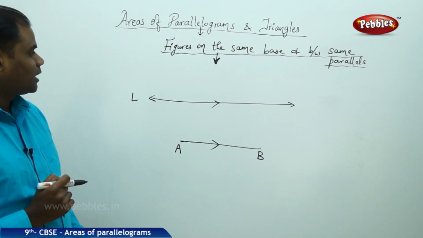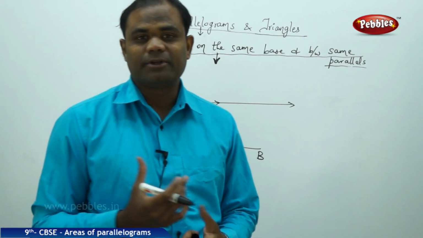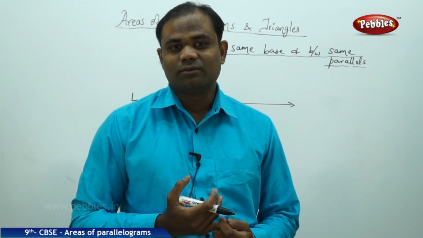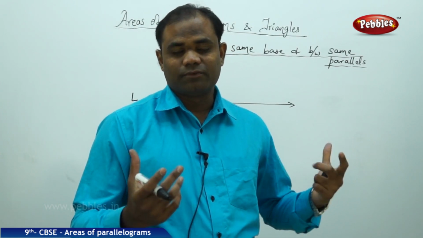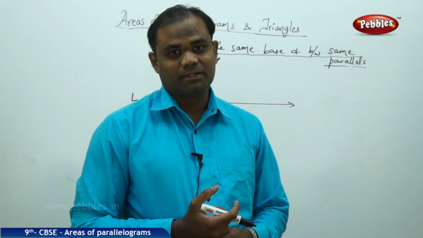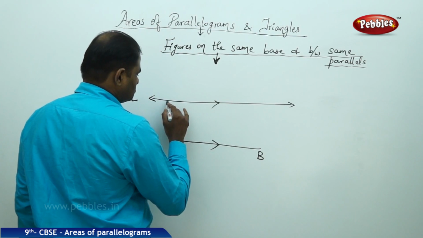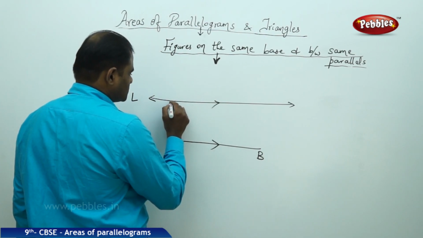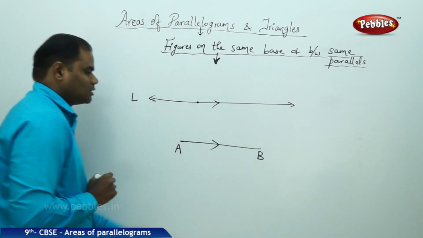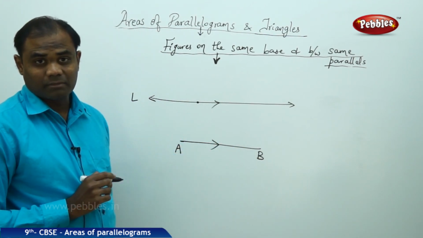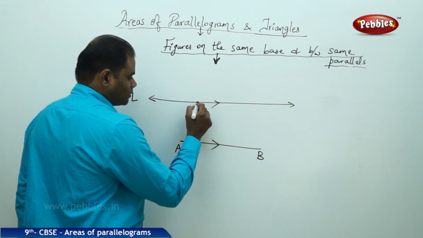Now it says that any figure you take on the same base and between same parallels will have certain geometrical properties. So let's see what are the geometrical properties connected with two figures on the same base and between same parallels. For example, let me take a triangle. Suppose I draw a triangle with the base AB, and let's see the figure 1.